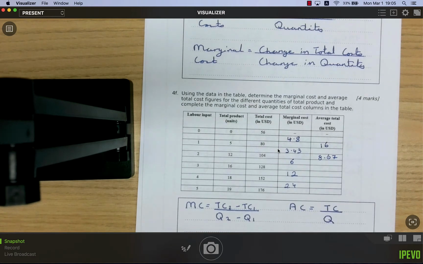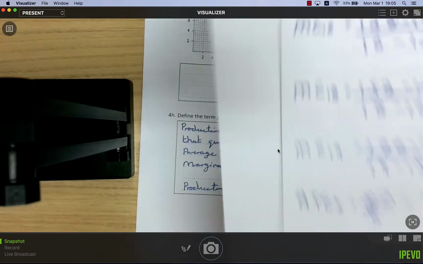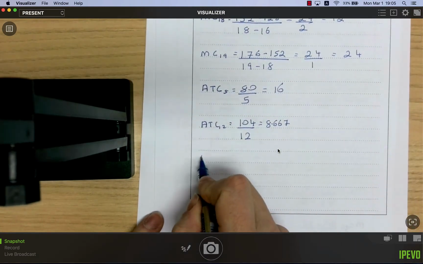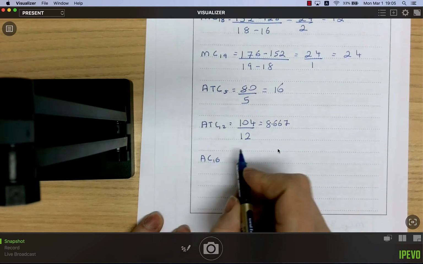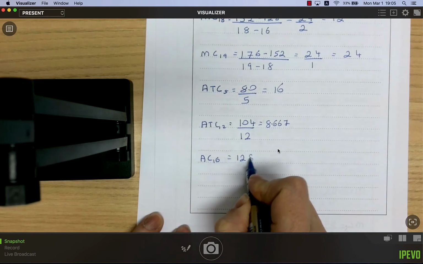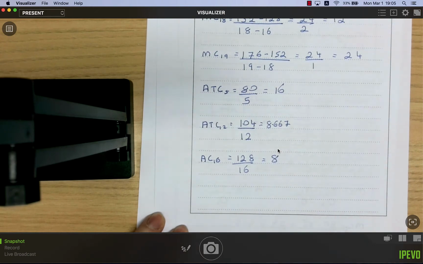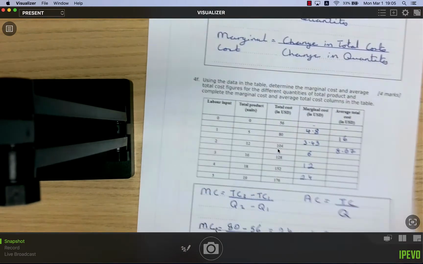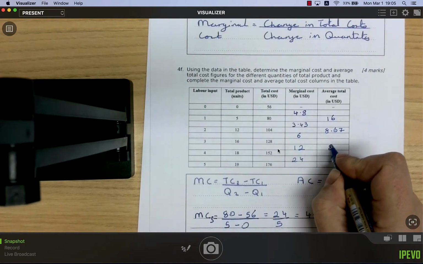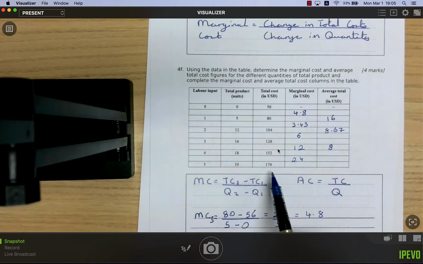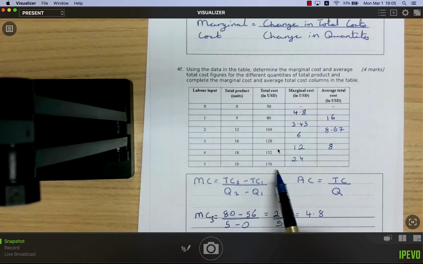The next one, the average cost of 16 units, is 128 divided by 16, and that comes out nicely as 8. So we flip this over, put 8 here, and then the last one, average cost of 19 units is 176 divided by 19.